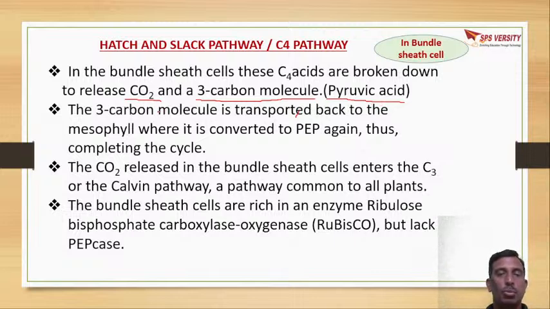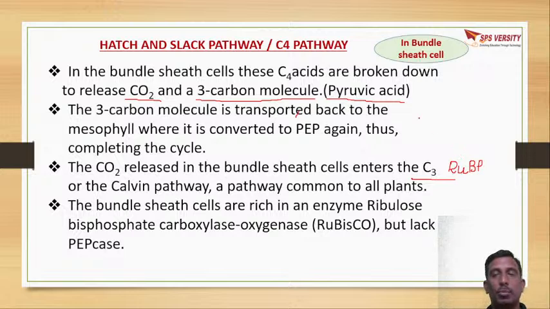ठीक है, CO2 को क्या होता है? The released CO2 is involved in C3 cycle, takes part in C3 cycle. It is accepted by RuBP in the presence of enzyme Rubisco, normal Calvin cycle.